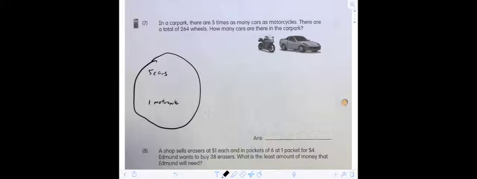Then, for each car, how many wheels? Each car has 4 wheels. So to find how many wheels the cars are providing, you take the 5 cars multiplied by the 4 wheels, which equals 20 wheels altogether.